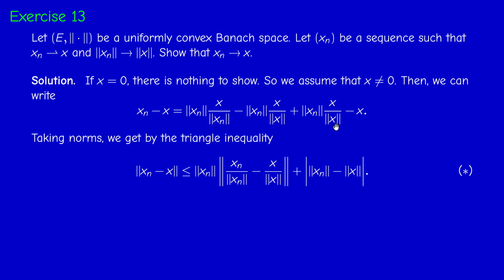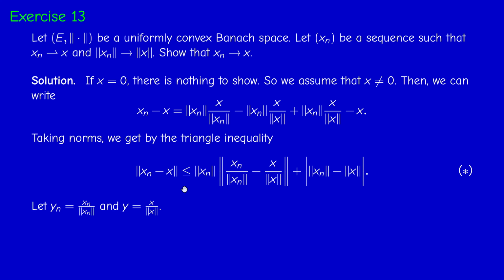But I also have the norm of X in the denominator, so they cancel, and I just get the absolute value of norm of Xn minus norm of X. Okay, now we want to show that this quantity tends to 0 as n tends to infinity. If you look at the second term, there's no problem because this term tends to 0 by assumption. So we just have to prove that the first term tends to 0, and then we will be done.